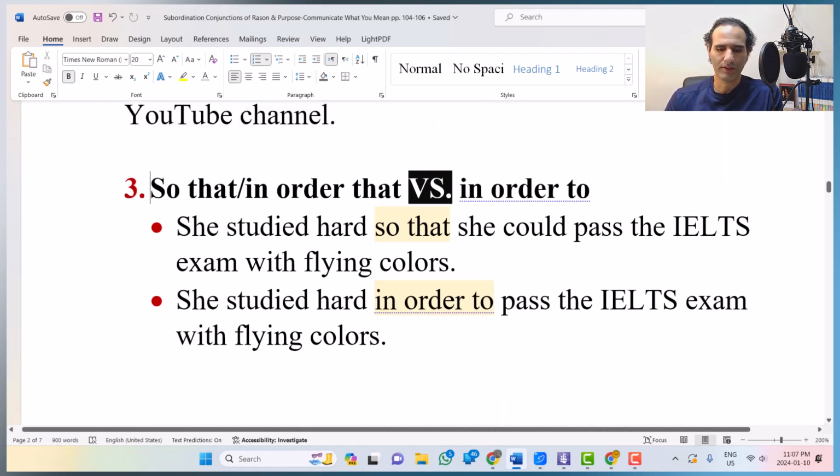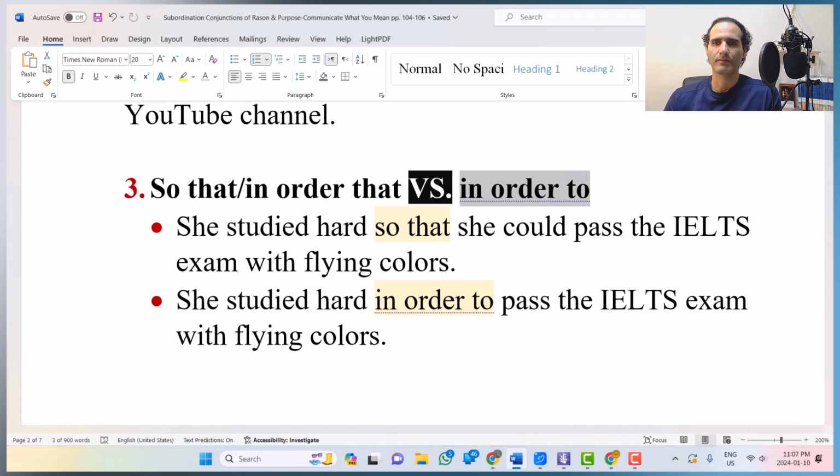The third part: so that, in order that, and in order to. So that and in order that talk about the purpose of doing something, why you are doing this, so that something happens, so a consequence or a result comes out. Through examples you will find it out better. She studied hard, why?